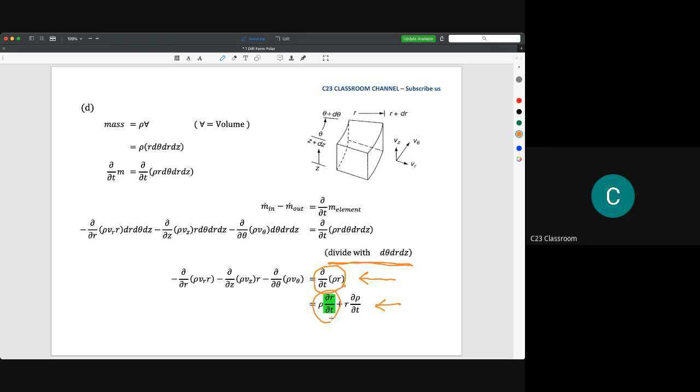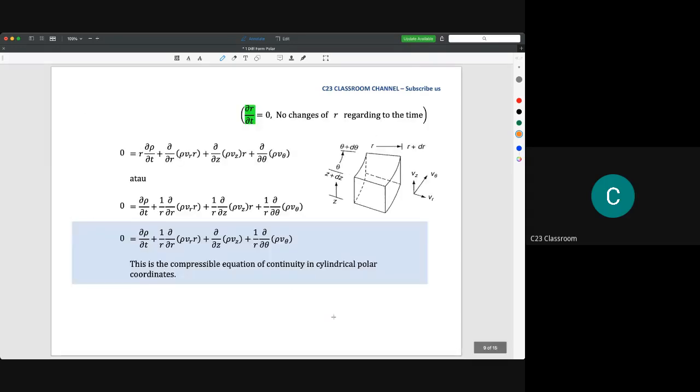Usually in mechanical engineering, the value of the radius of a certain element, such as the radius of our pipeline and so forth, remains constant. So the dr dt here is equal to 0, because the radius of our pipe and so on does not change along time. It remains constant. The change of r over time is not changing. That's why we assume dr dt is equal to 0.